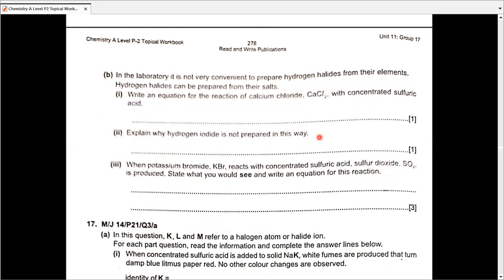Because the hydrogen iodide would get oxidized by H2SO4, and the hydrogen iodide formed would not be pure. It would produce iodine instead. Yes, because the reaction does not simply stop at hydrogen iodide. Further oxidized, then there you go, it is converted into iodine. So that's about it. Let's start from the next one on the next sitting.